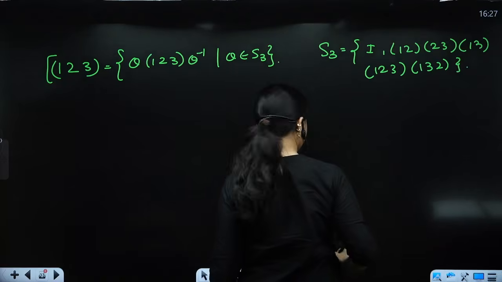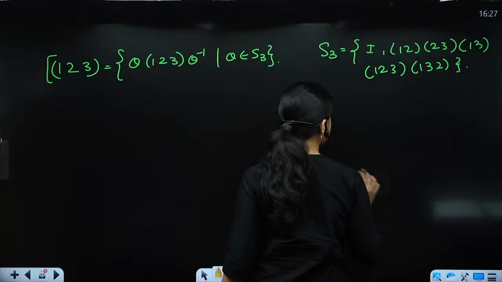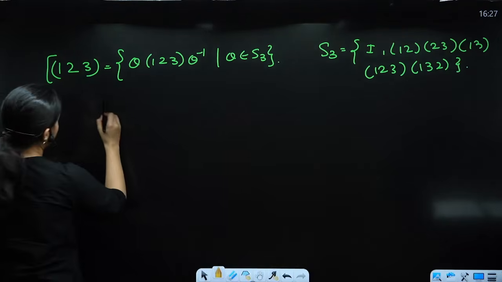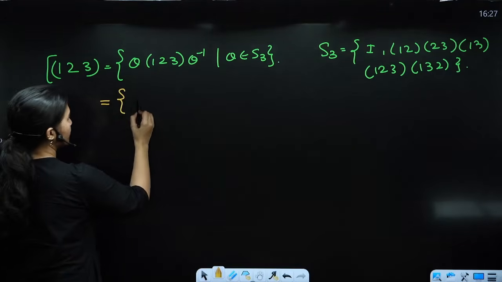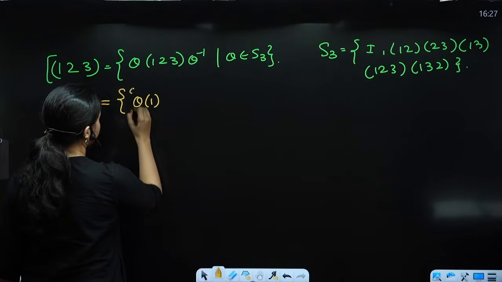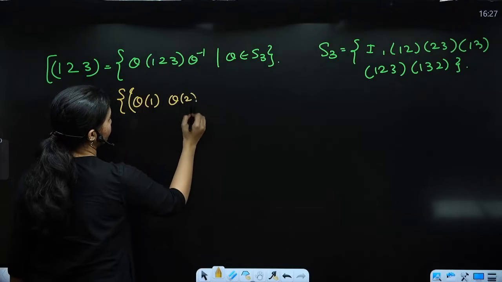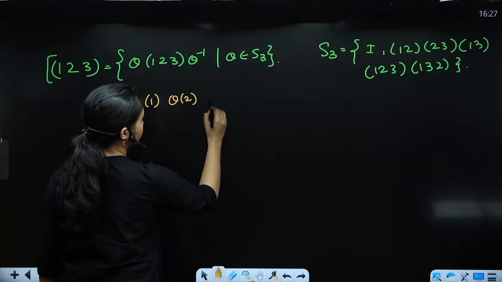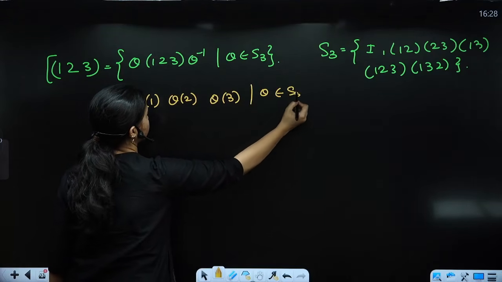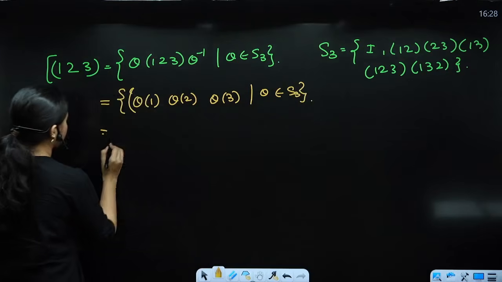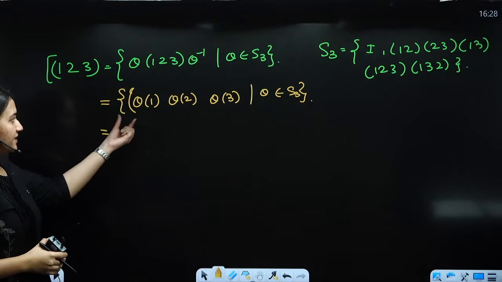Now according to our formula, what is the value of the conjugate here? That is going to be theta of 1, theta of 2 and theta of 3, where theta belongs to S3, right? Now what is our theta 1?